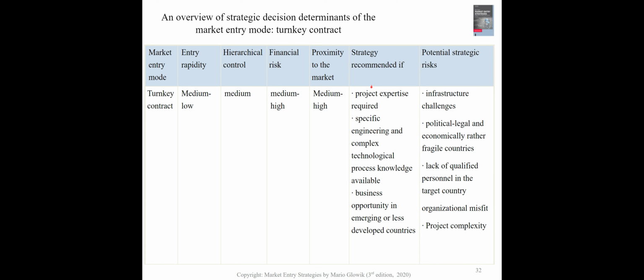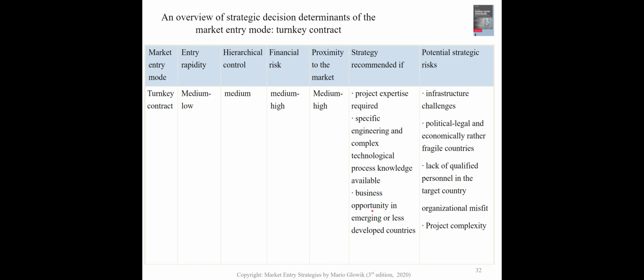That strategy is recommended if project expertise is required in terms of a specific engineering know-how or complex technological process knowledge.